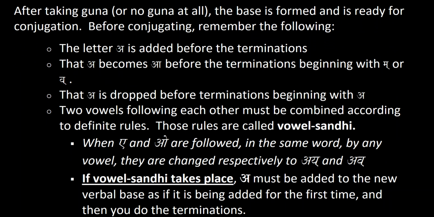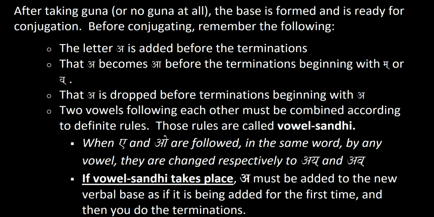However, before doing your conjugation using the verbal base, you have to do the following. The letter a is added before the terminations. So you're adding that to the verbal root, and then you're putting your terminations. That a becomes ā before the terminations beginning with m or v, because they have a halant.